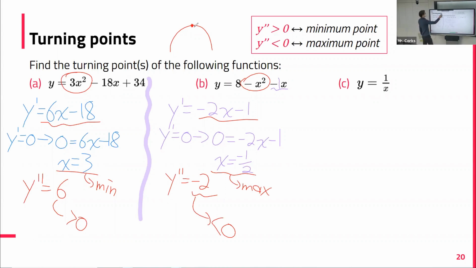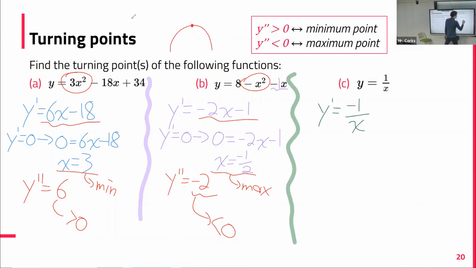All right, and one more here. So y prime equals -1 over x squared, like this.